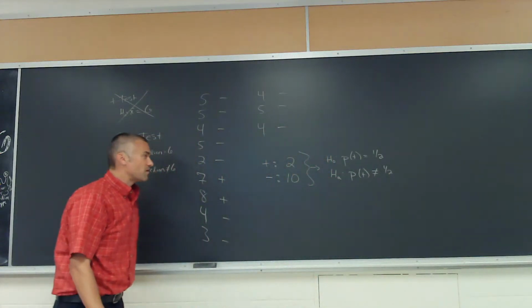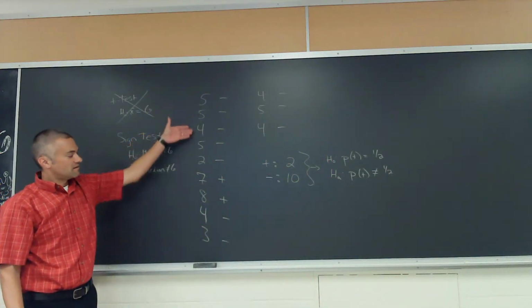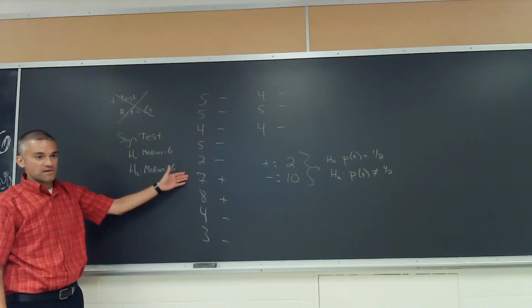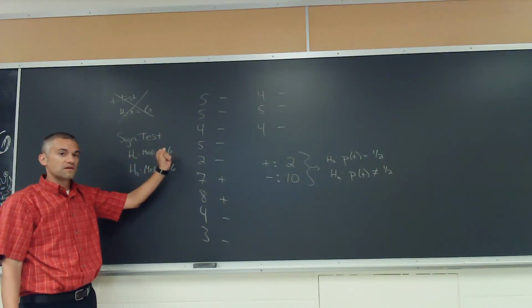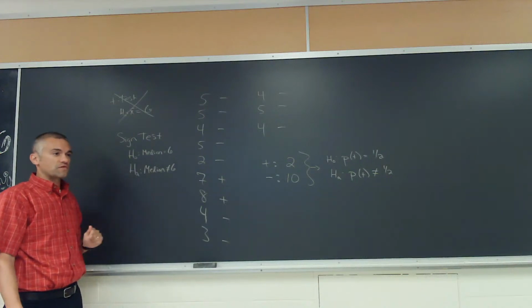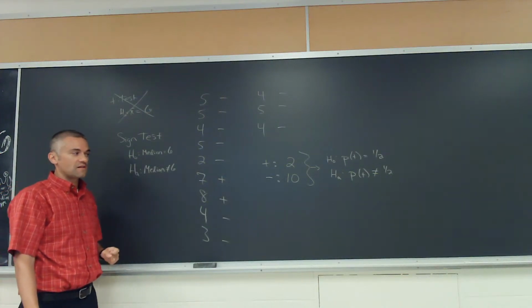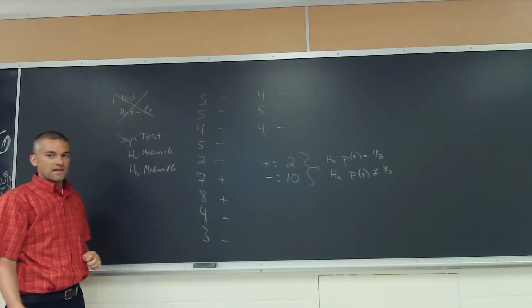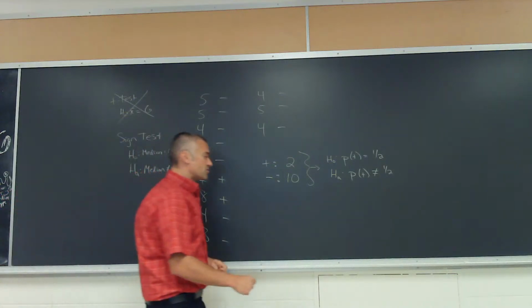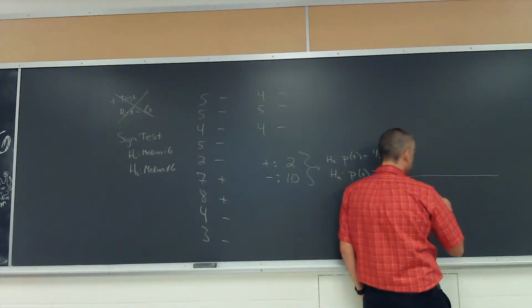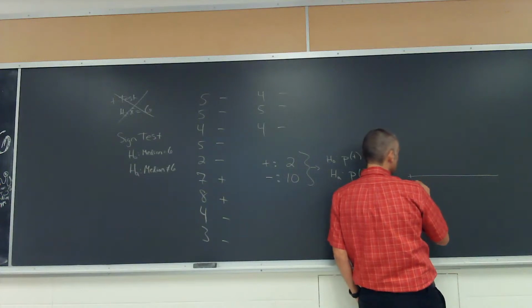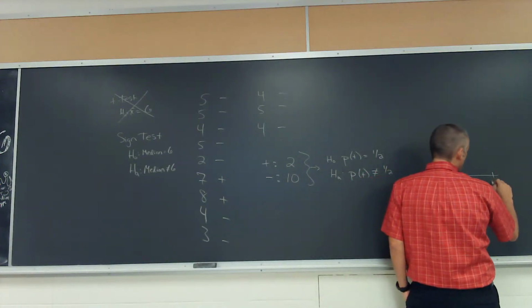Right? So what we've done is taken a continuous variable, numbers, and converted it to a plus minus, a yes, no, a true, false. What kind of distribution does that follow? It's a binomial distribution. So if we look at a binomial curve, we can have 0 all the way up to 12 pluses.